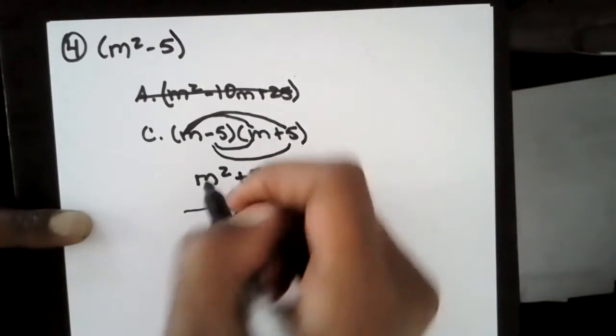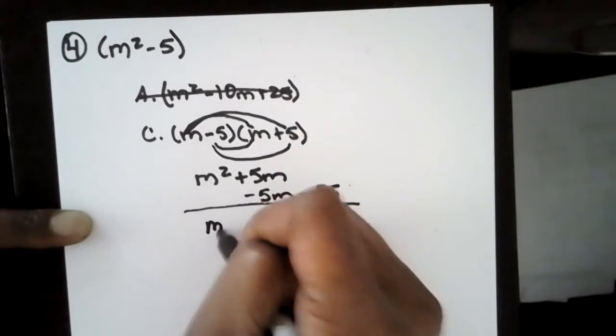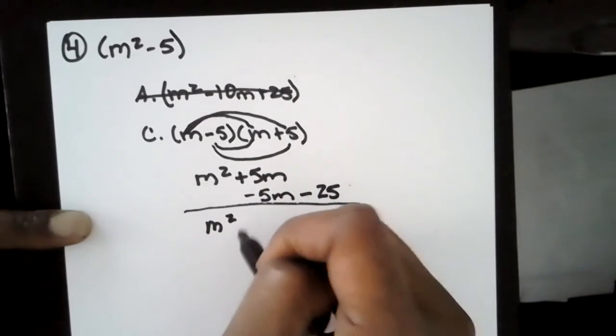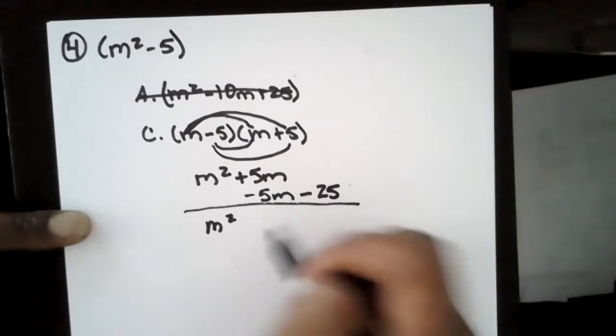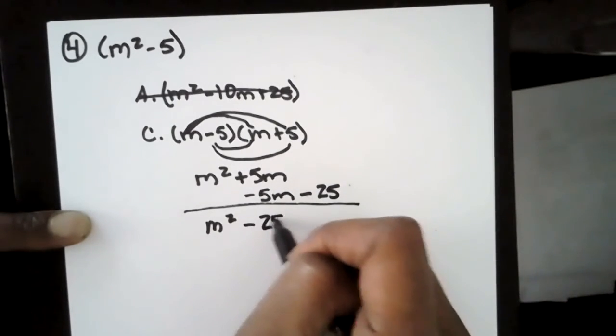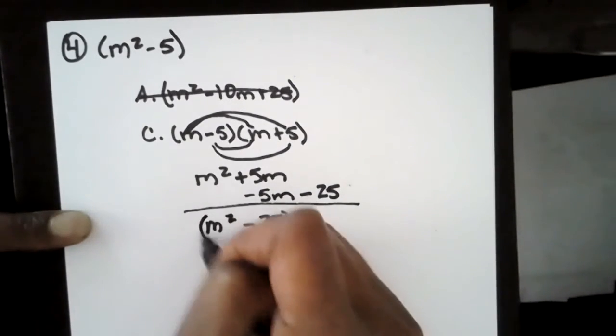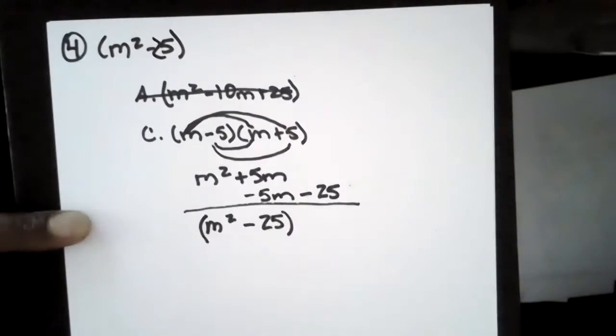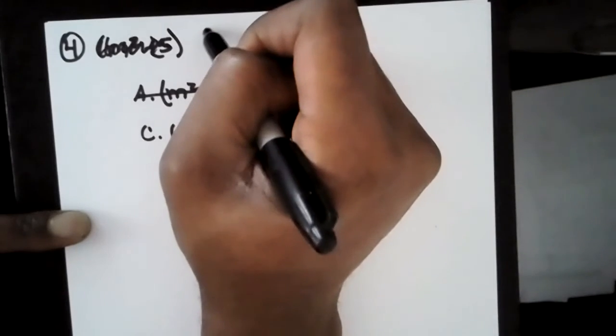Do the math, bringing everything down. M squared plus 5m minus 5m is 0. Then you just have the 25 minus 25. Does that reflect the number that we have up here, m squared minus 25? Yes, it does. So that would be your best answer.